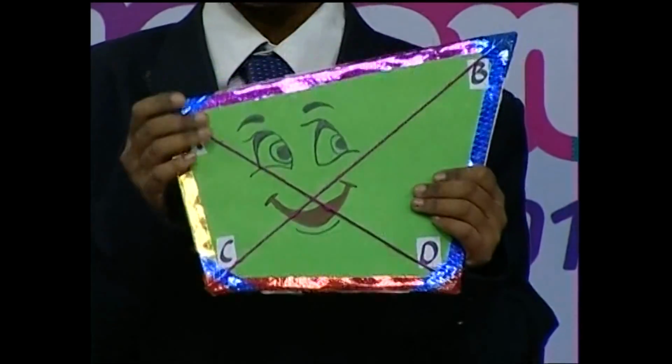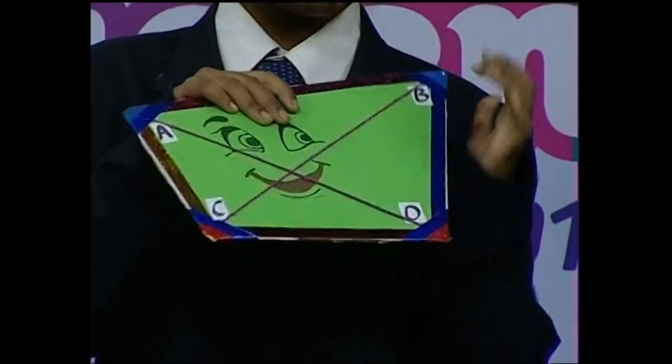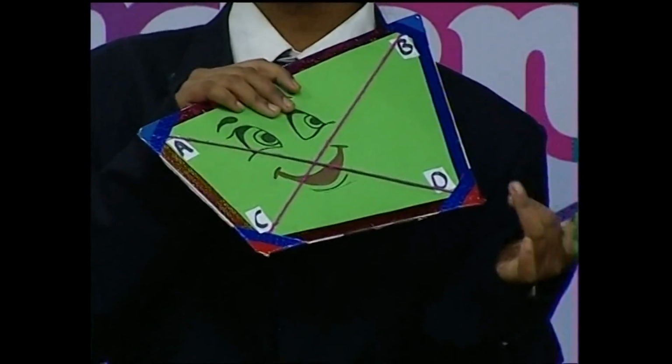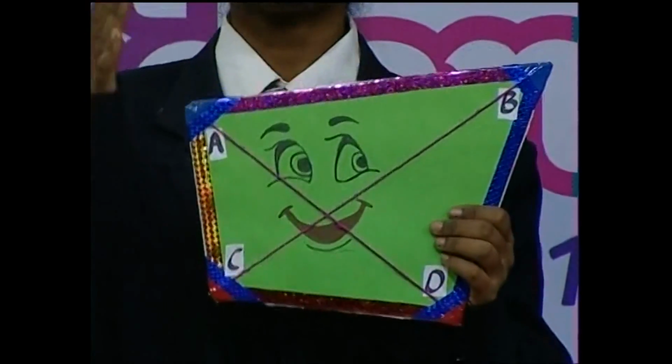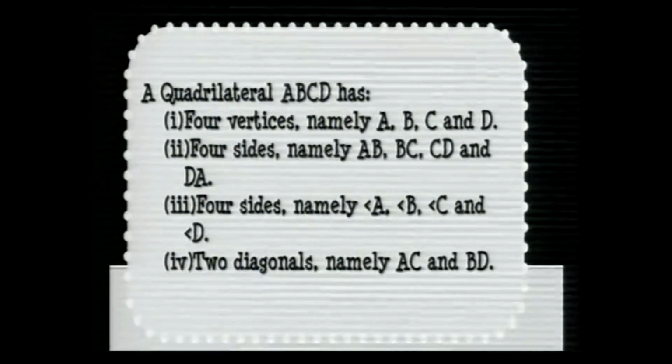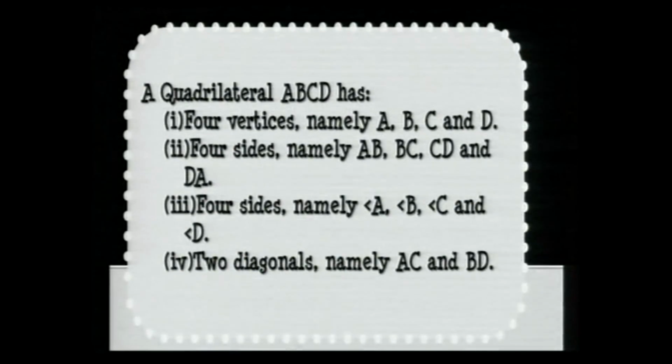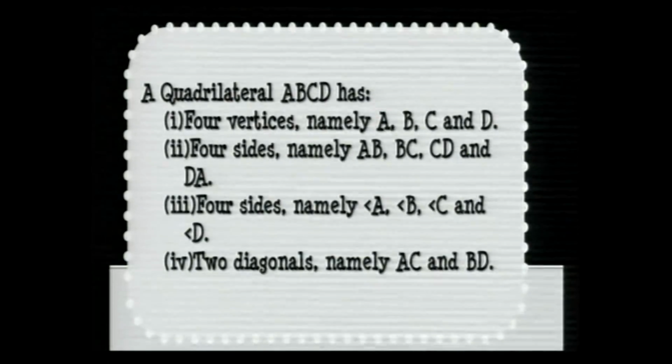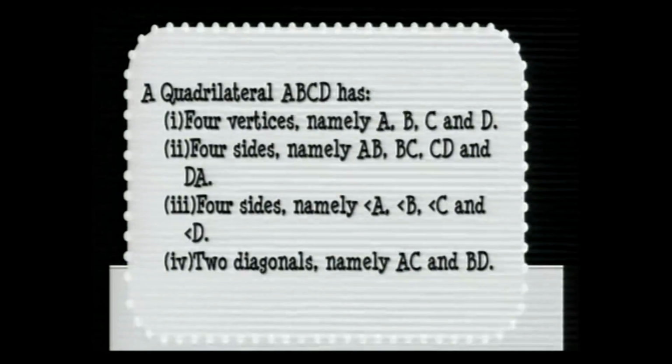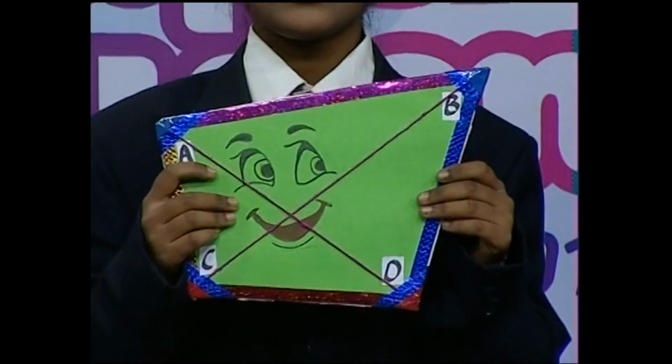There are 4 sides: side AB, side BC, side CD, and side DA. Okay friends, and also in this quadrilateral we have four angles: angle A, angle B, angle C, and angle D. And in this quadrilateral there are two diagonals, namely AC and BD.